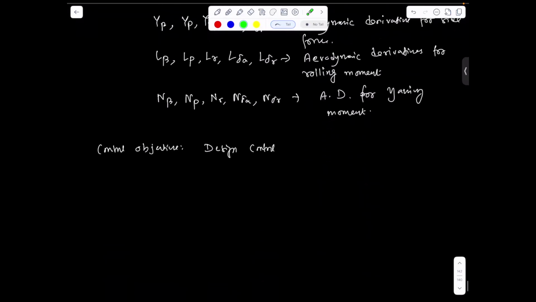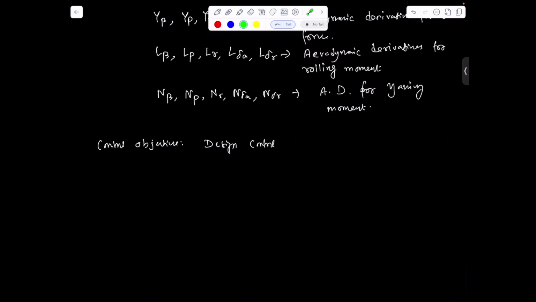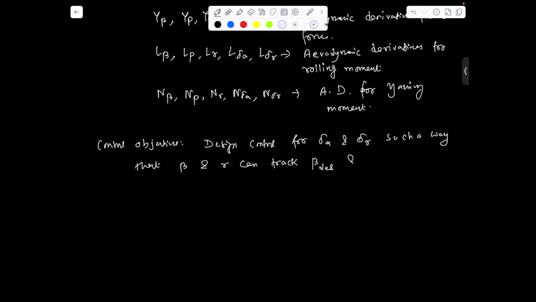Design control for delta A and delta R in such a way that beta and R can track beta desired and R desired. So this is our control objective.